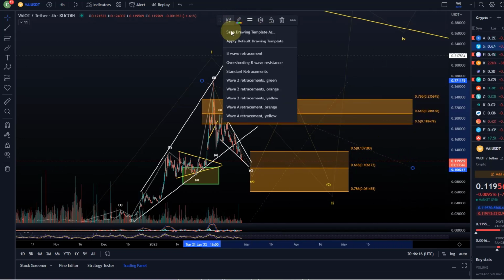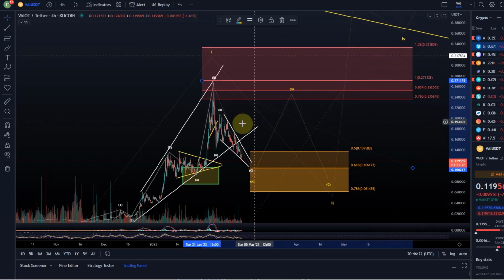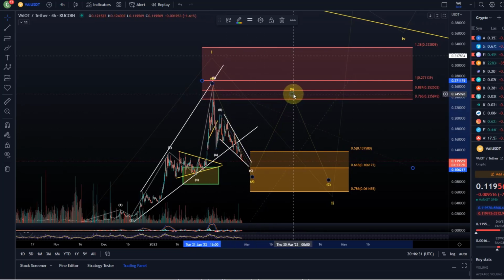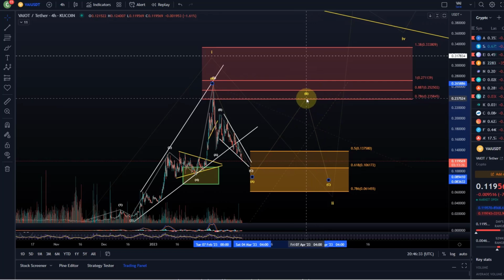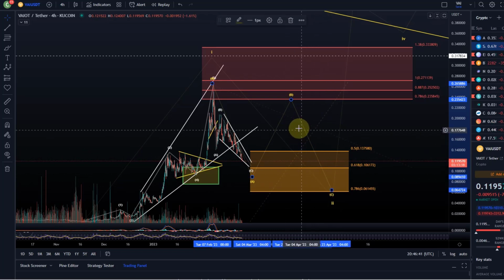Then we talk about a resistance here, which could go between 23.5 to 33.3 cents. So when it finds support and rallies in a B wave here with this structure, if it stays at 3 waves, it could get quite a strong B wave that would normally go at least to 23.5 cents and then come down in a C wave. That would also give the C wave enough space to find support here. But that's all based, and that's all the condition here really is, that it does hold the 6.14 cent level.